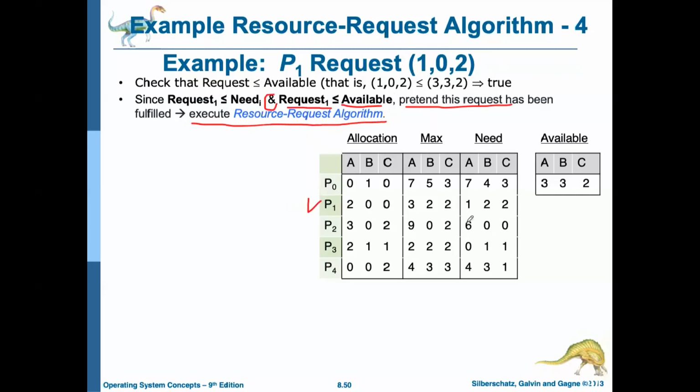Currently it is 102, but they require 102, so currently it is true because of this algorithm, 332. And then since the request is less than needs, and the request is less than available, pretend this request has been fulfilled, and then execute the resource request algorithm.